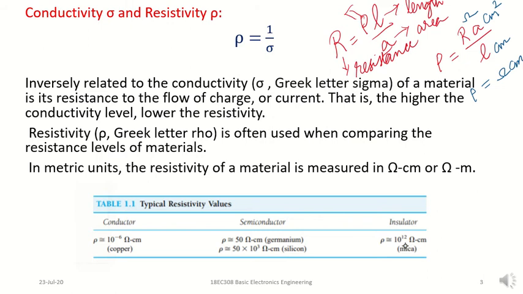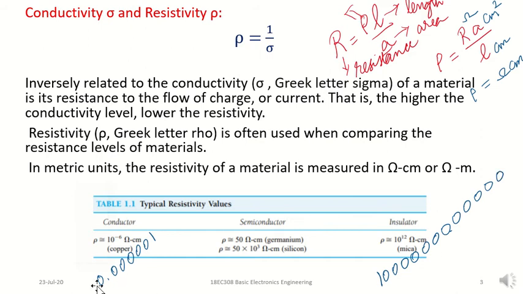If you observe this value, for a conductor, resistivity is 10 power minus 6, which is 0.000001. What about 10 power 12? It is 1 followed by twelve zeros.